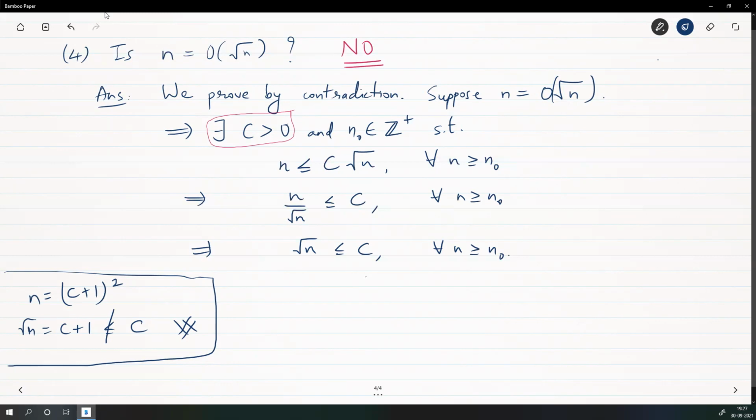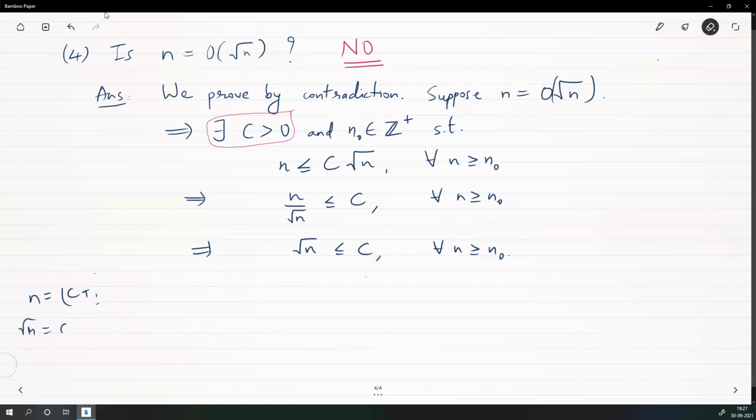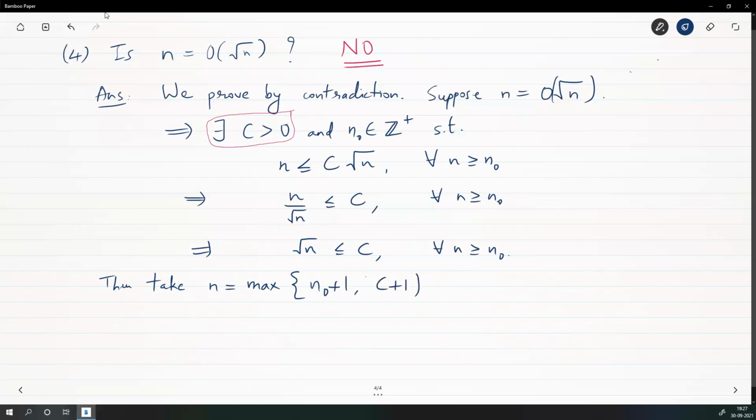So, rough work aside, the small adjustment that one needs to do is to take n equal to the max of n naught plus 1 and c plus 1 squared. So n is definitely greater than or equal to n naught, and all of this is true.